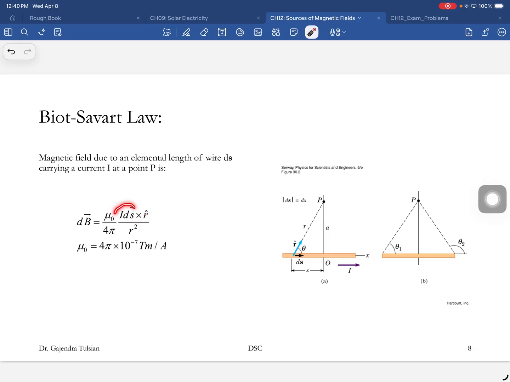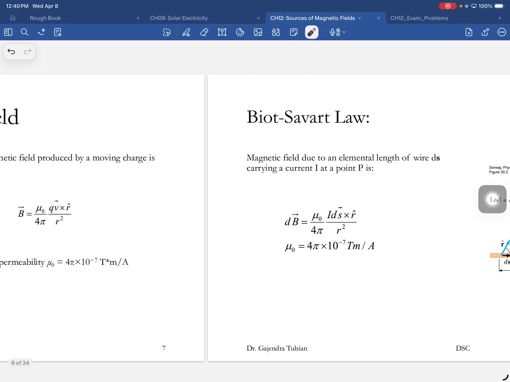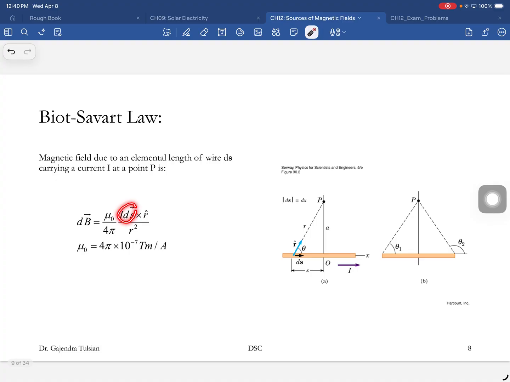This contains the number of charges times the charge times their speed. That's the charge of each guy, the speed of each guy, and n, the number of charges in that volume, is contained in this expression. So that's the field produced at this point due to this element of the current.